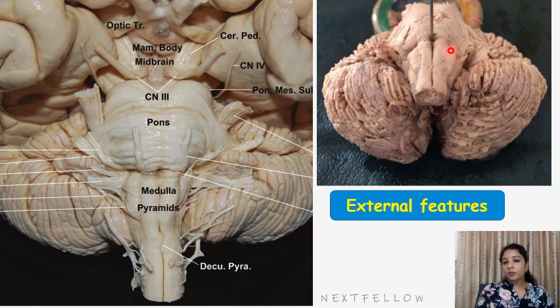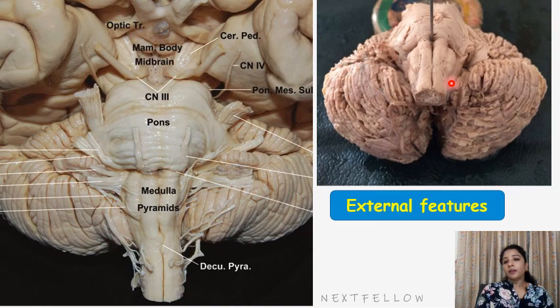And the groove which is between the pyramid and the olive is called the anterolateral sulcus, and the groove between the olive and the inferior cerebellar peduncle is called the posterolateral sulcus. From the anterolateral sulcus, the hypoglossal nerve gains its origin, whereas the posterolateral sulcus gives rise to the 9th, 10th, and 11th nerves.